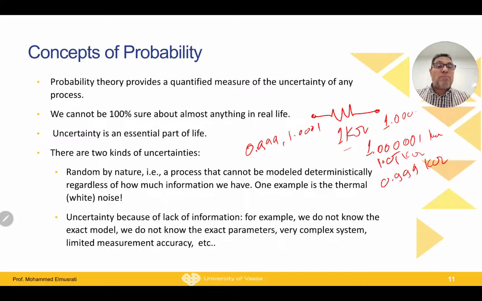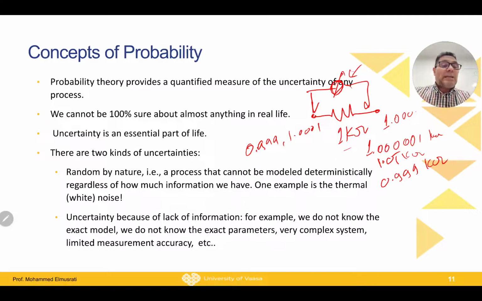Even if I measure the resistance of this resistor with, for example, an avometer, even this measuring device will have some impact on the measurement. It will add some value or reduce some value, as far as it will be noisy, as far as we have limited accuracy.